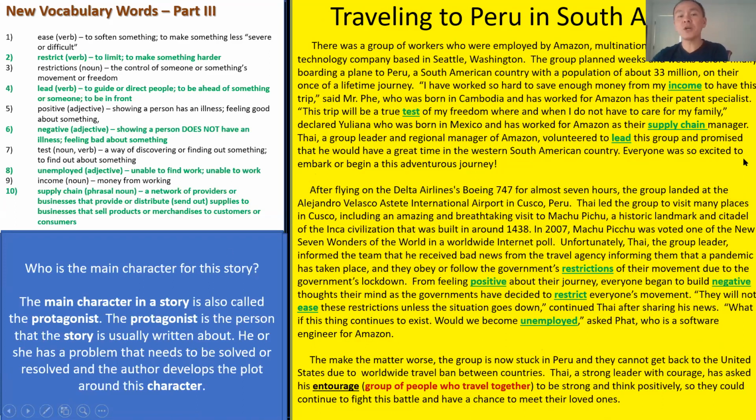So who is the main character? Who is the main person this story or the narrator talks about? In a story, you have the main character. Sometimes the main character is the protagonist, the person who advocates for other things or other people in the story. The opposite of the protagonist is called the antagonist. In this story, who is the protagonist?